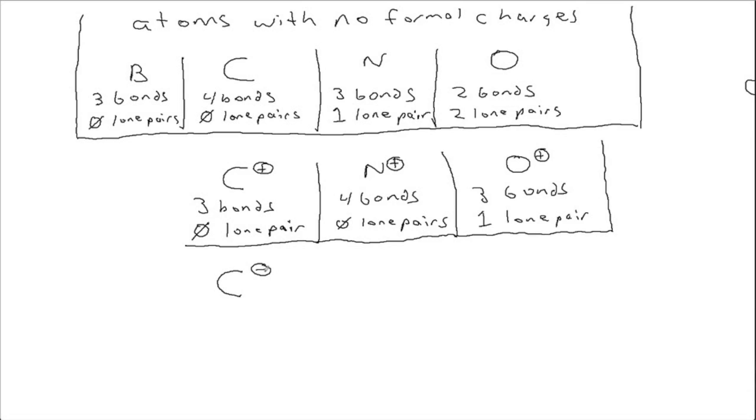And then we also have to focus on carbons with negative charges. Take a guess, how many bonds and lone pairs would a carbon with a negative charge have? So that would be a carbon like this.